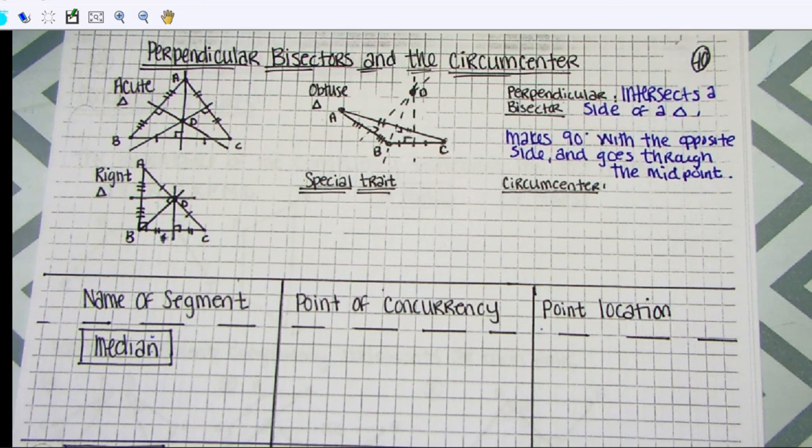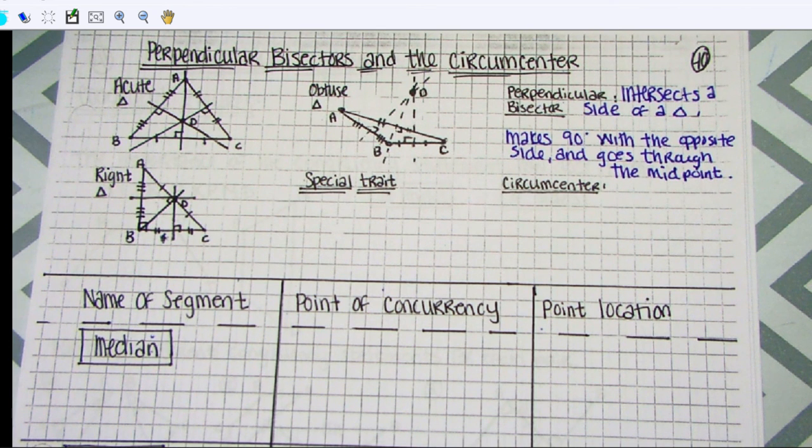They do a lot of stuff. Just like the orthocenter and the altitude, it moves around. The intersection point between all three of those lines, it moves, depending on the type of triangle. So the circumcenter is the point of intersection of all the perpendicular bisectors.